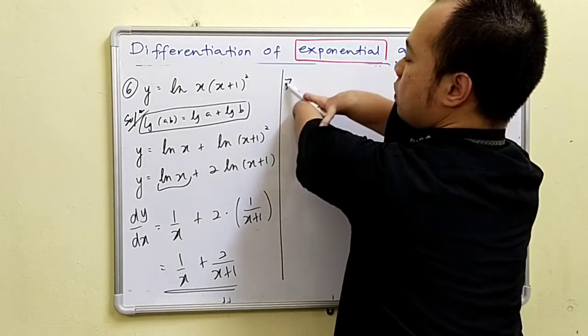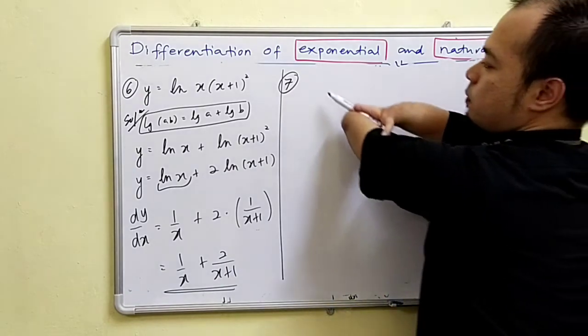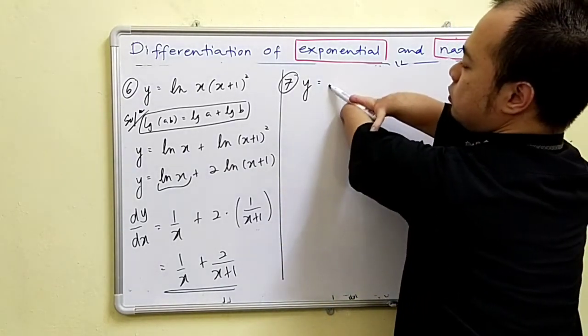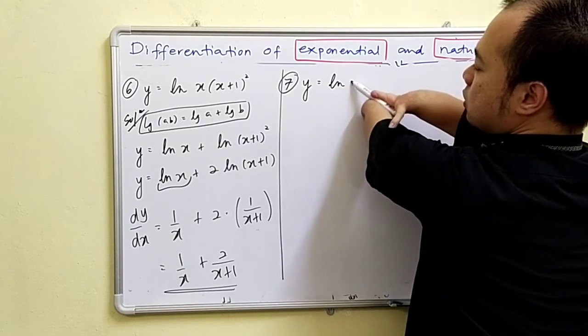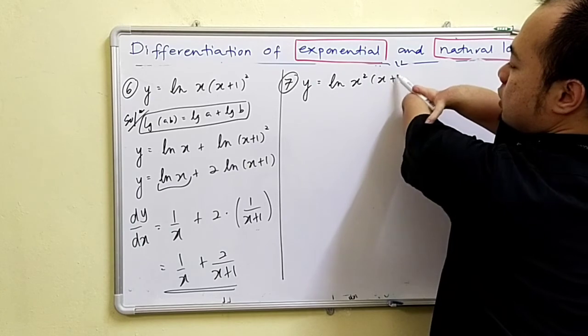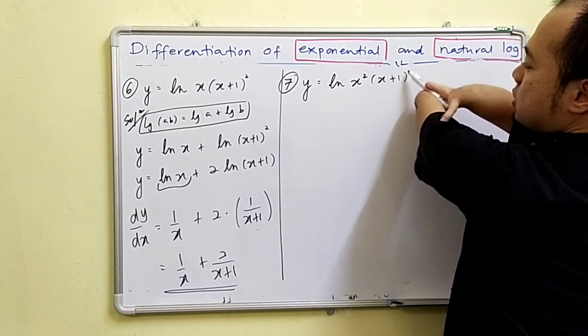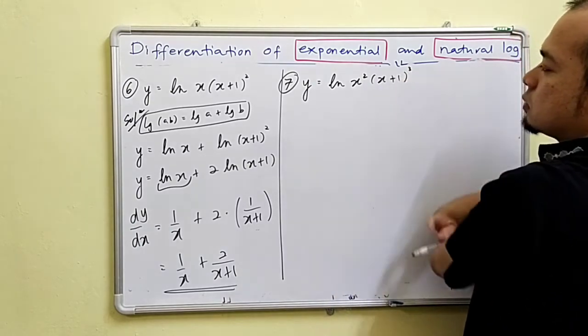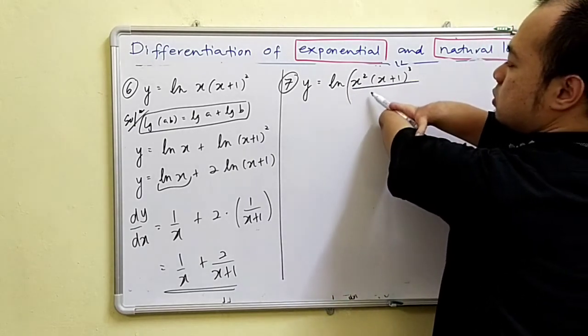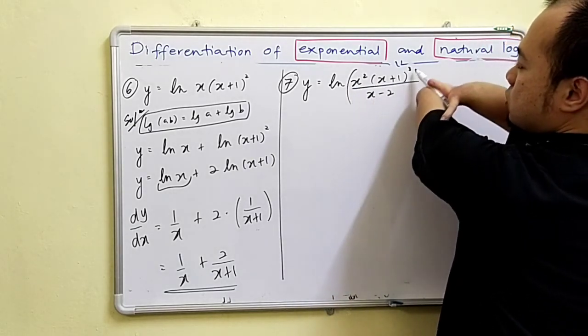What if we have something like this? y is equal to ln x squared in bracket x plus 1 to the power of 3, divided by x minus 2.